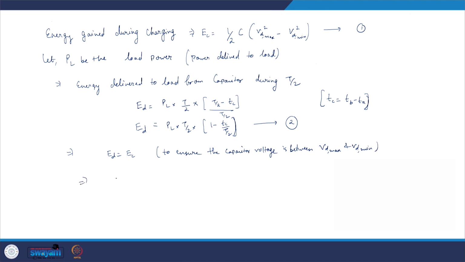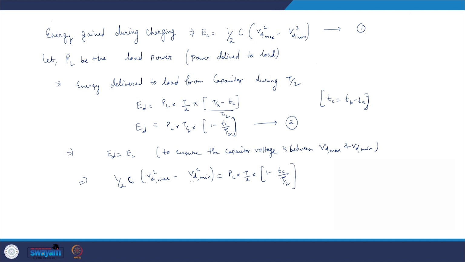So, that implies you can write half C times VD max square minus VD min square is equal to PL into T by 2 times 1 minus TC by T by 2.